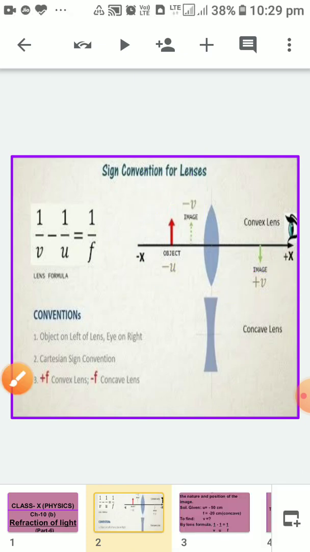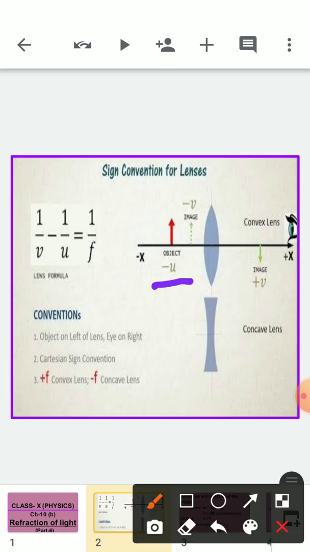Because the object is placed on the left side, the object distance is always negative. u is always negative for concave and convex lens.